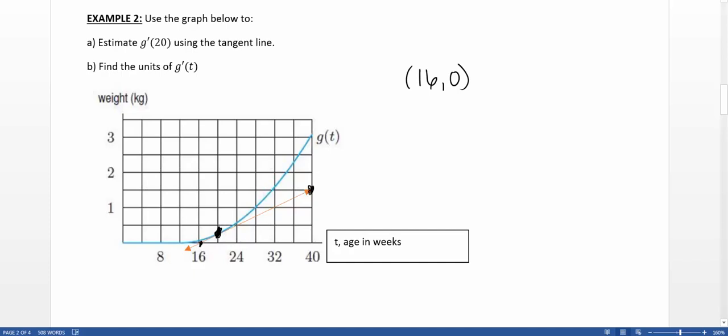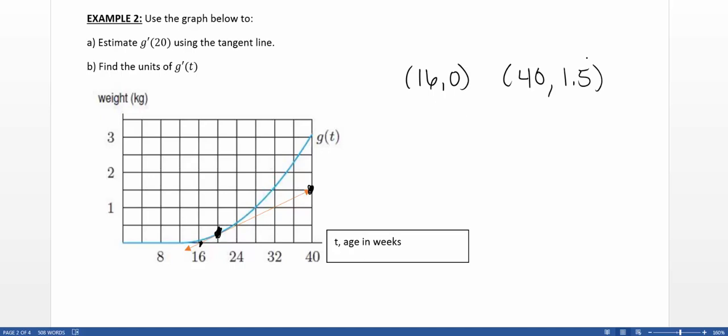And then I'm also going to pick the point 40, 1.5. Again, if those aren't the points you picked, that's okay too. I see the point 32, 1. That would be pretty good. 20 and maybe 0.25 would be okay points. So any 2 points on the line.